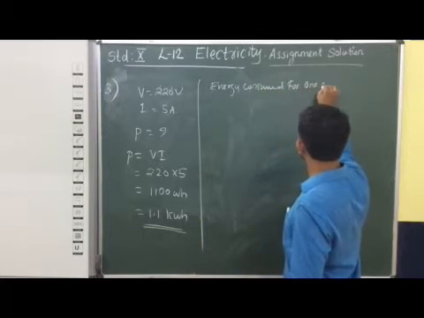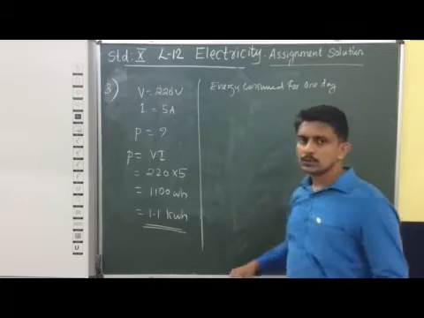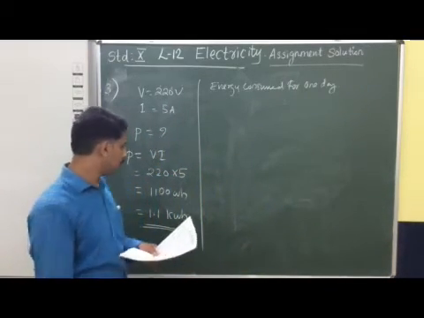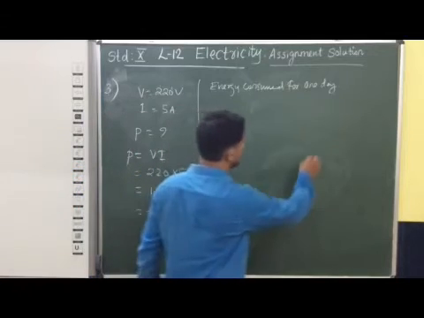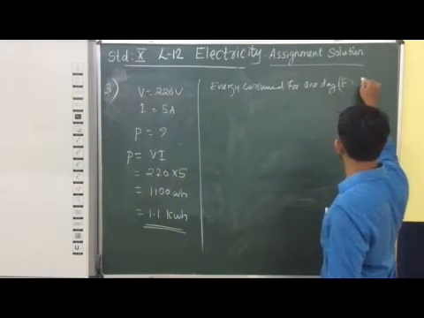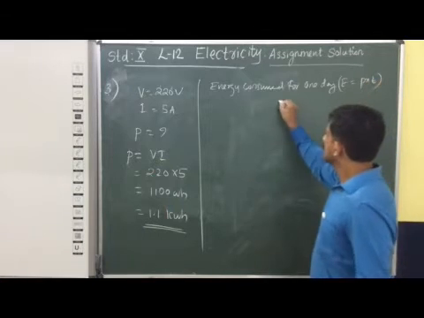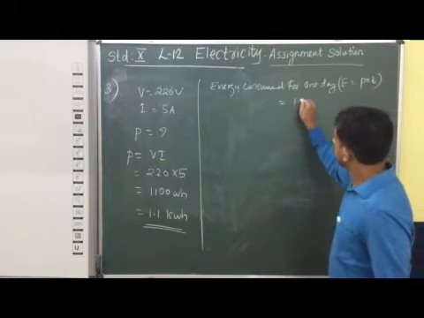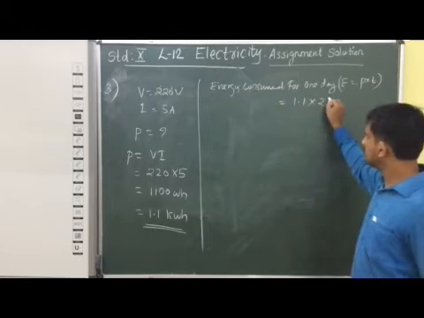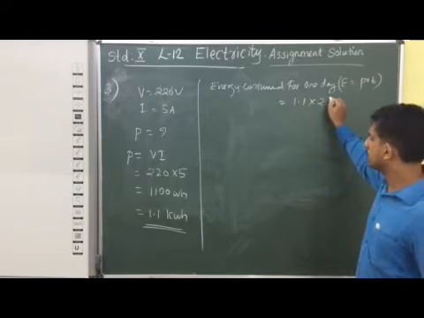How much energy is consumed for 1 day? Power is there, so we can use the formula energy E is equal to power into time. In this case power is 1.1 and the time we can take as 24 hours.